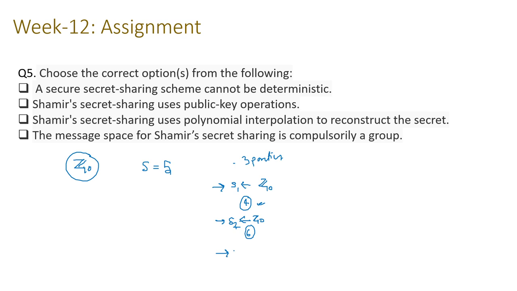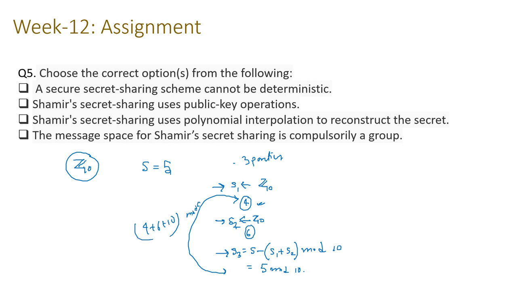Now the third share, what you do is S minus (S1 plus S2) mod 10, so basically 5 minus 10 gives you minus 5 mod 10, that is 5 mod 10, such that when you combine all 3 of them, S1 plus S2 plus S3 mod 10, you reconstruct the whole secret.